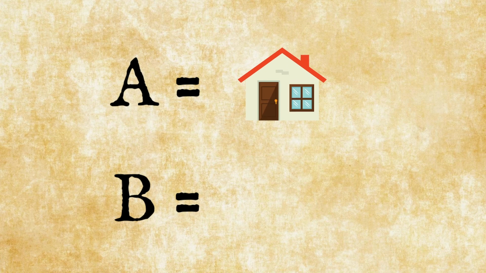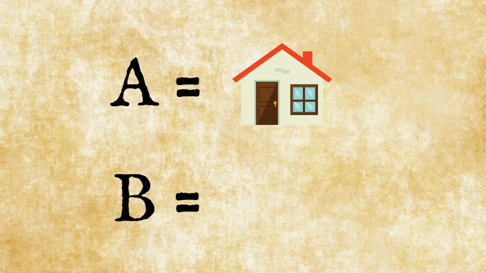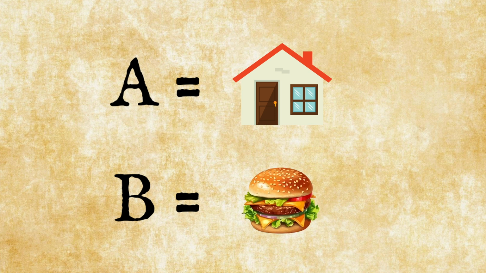So now, let's make this example a bit more concrete. Let's say that A means, come over to my place, and B means, I will give you a hamburger. So let's say that my friend told me, if you come over to my place, I will give you a hamburger. In the first scenario here, both of them are true.